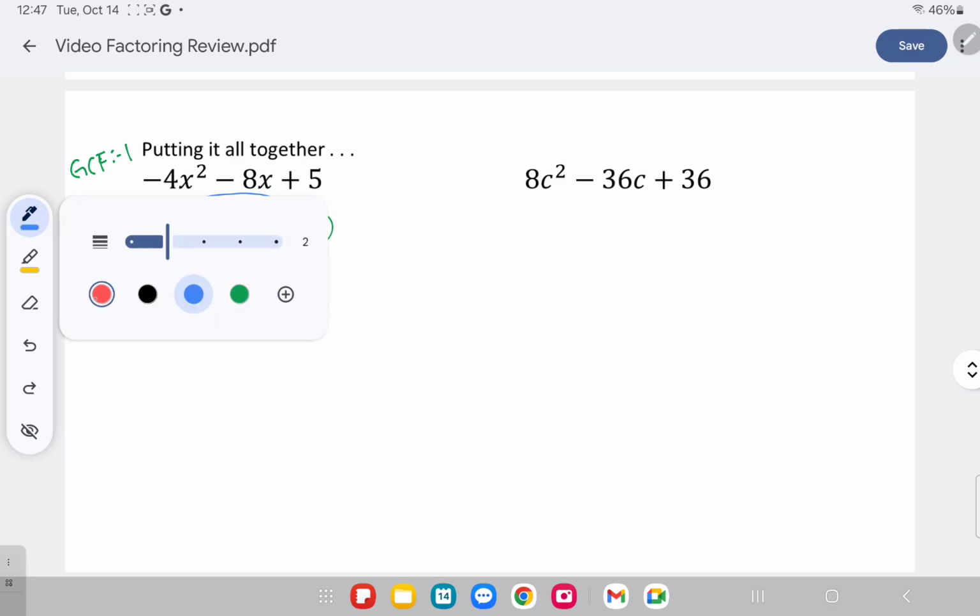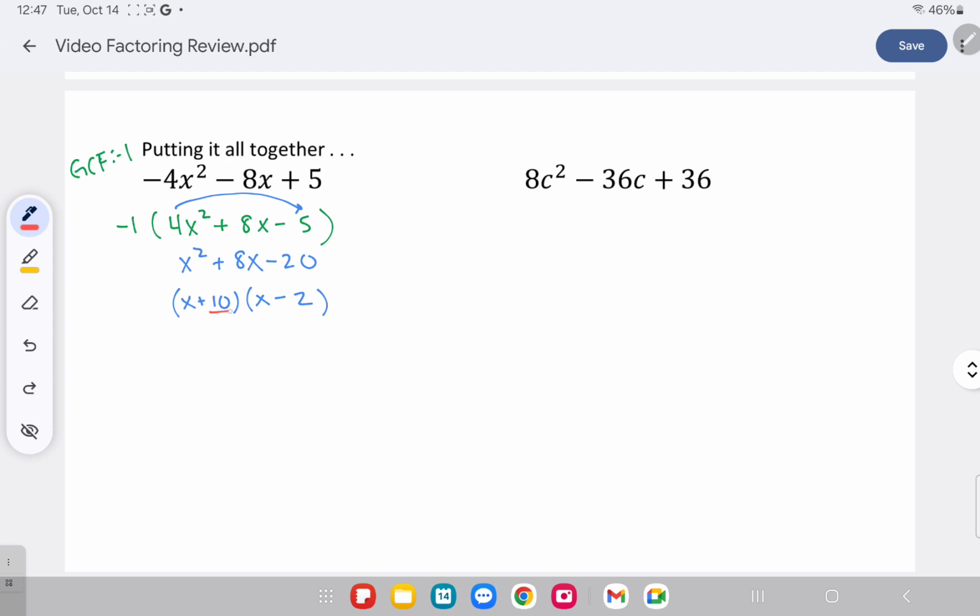Because we multiplied by 4 when we slipped, now we need to divide by 4 to undo that step before we slide. Neither one of these divide evenly, but they both can be reduced. And that will always be the case. If neither one of them divide evenly, you can always reduce those fractions. So always check for that.